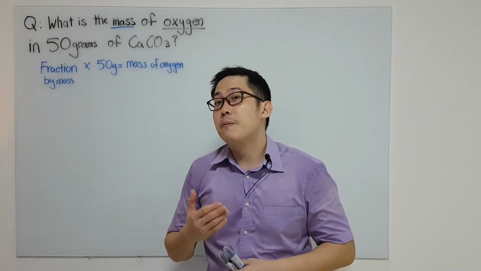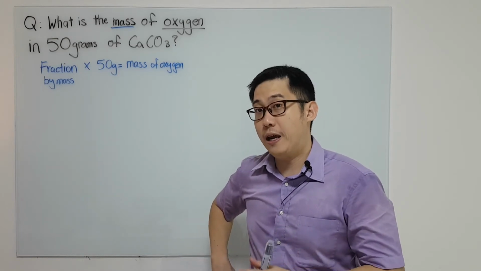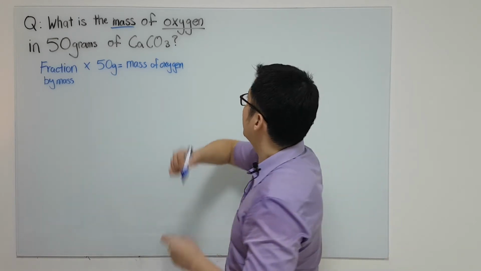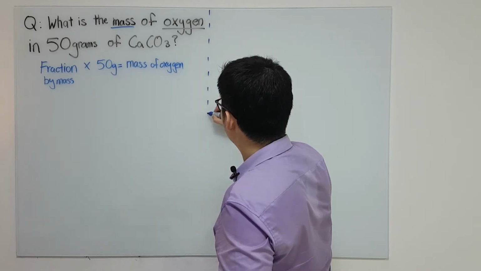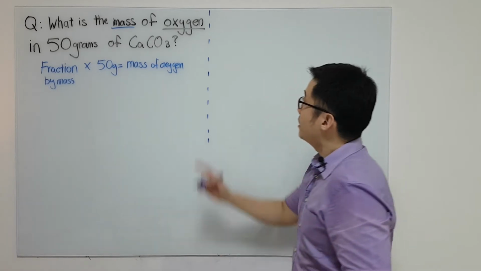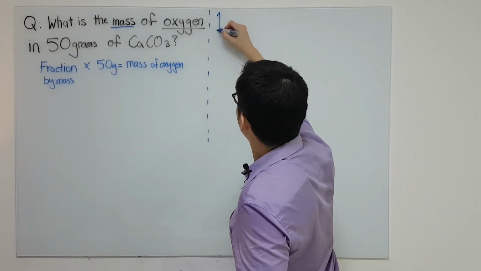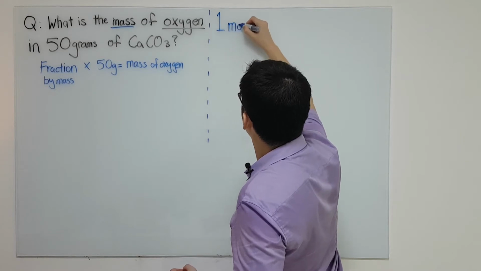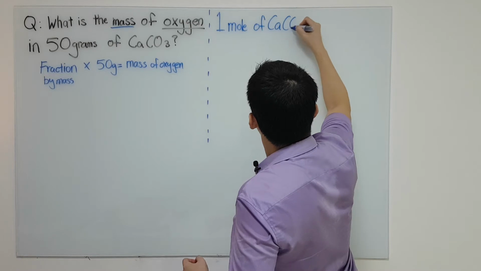Let us begin by considering, instead of 50 grams of calcium carbonate, another case that you might be more familiar with. Let us consider 1 mole of calcium carbonate.